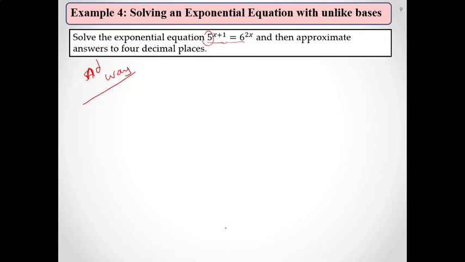It's because of the properties of the logarithm. You can express a number in any base by using logarithm. Now, a third way is this one. Take the log of both sides.